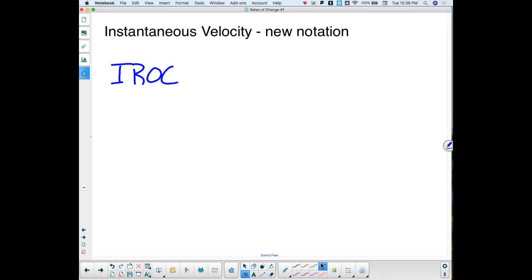That's still going to be change in distance over change in time, but now we want that change in time to be 0 seconds, or something really, really, really infinitely small, because we truly can't divide by 0.